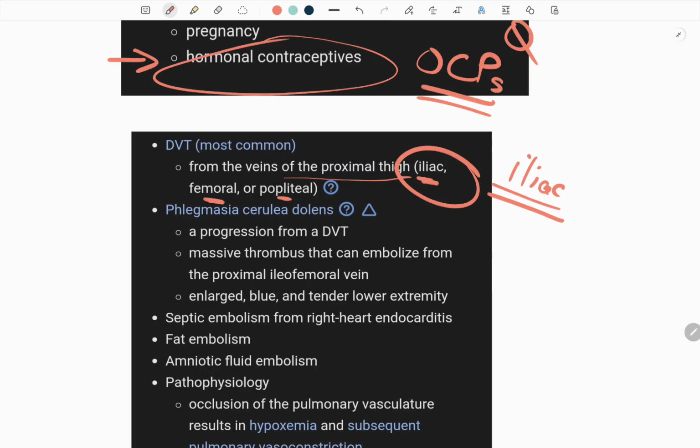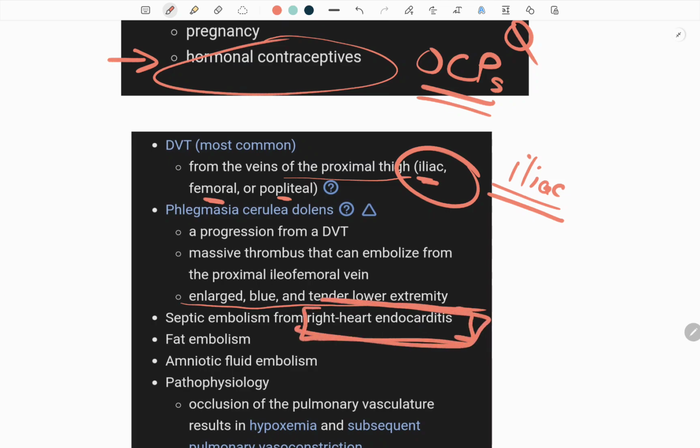It is a progression from a DVT, a massive thrombus that can embolize from the proximal iliofemoral vein, and typically you see an enlarged, blue, tender lower extremity. The other could be septic emboli from right heart endocarditis.